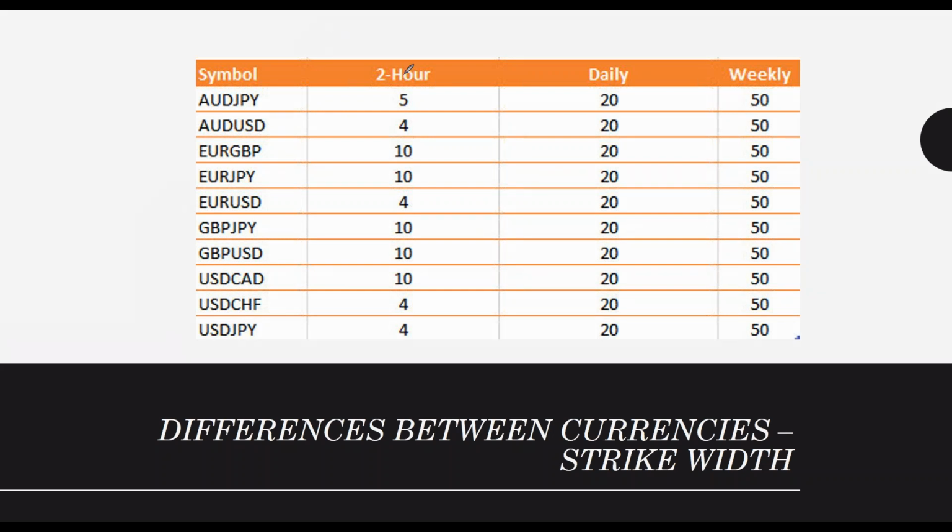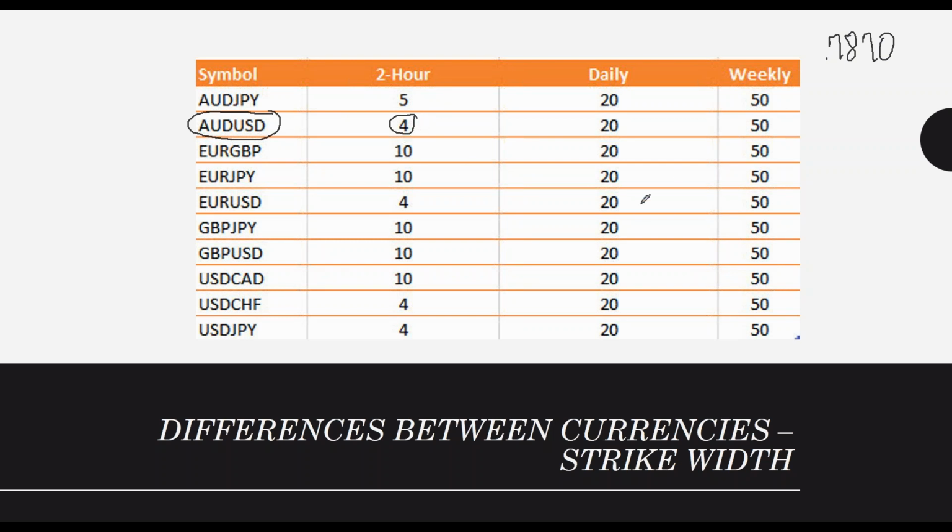On a 2-hour binary, let's use the Aussie dollar as an example. Right now, the Aussie dollar is currently trading at 78.70. So let's presume that there is a strike at 78.70. The strike width identifies where your next strike price would be.